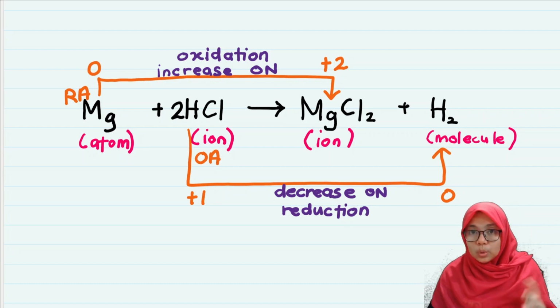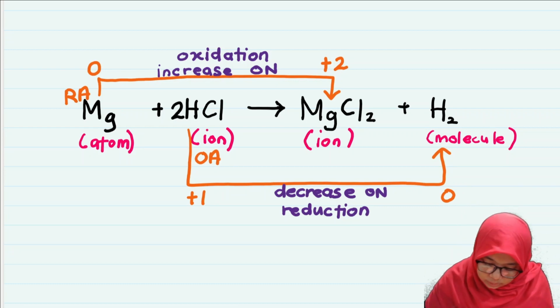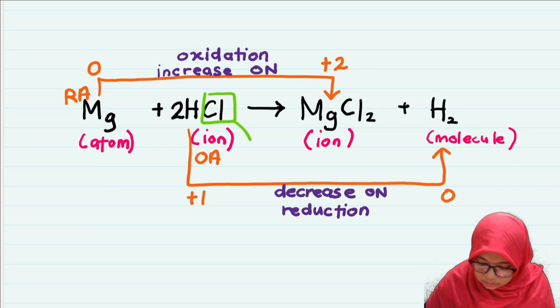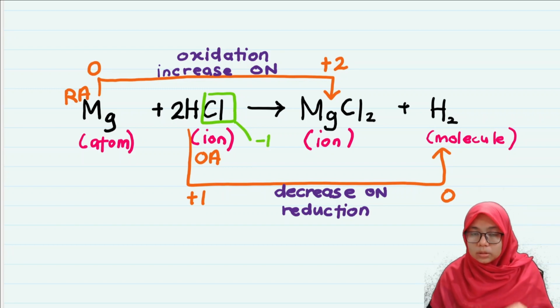So what about chloride? If you look at chloride here, chloride is an ion in hydrochloric acid. So the oxidation number is -1. Chlorine is in group 17, and the charge is -1. So we say that the charge is 1 negative, so the oxidation number is -1.